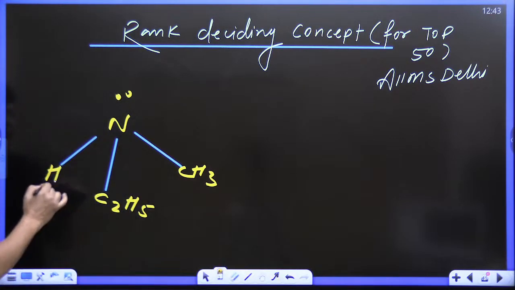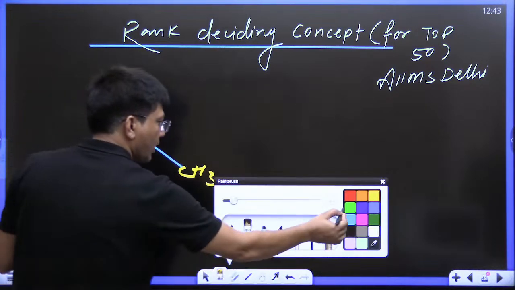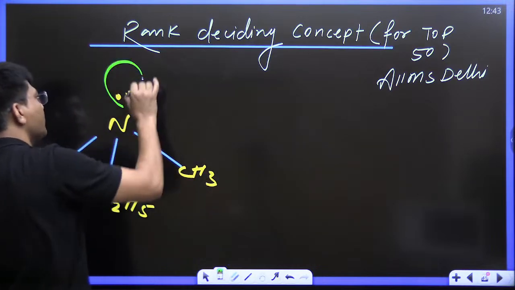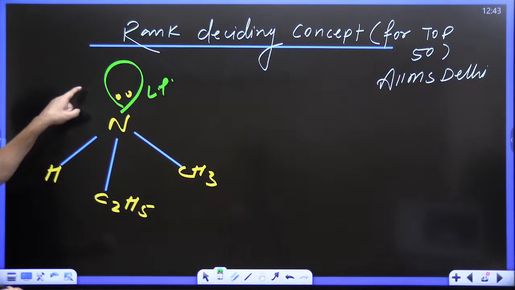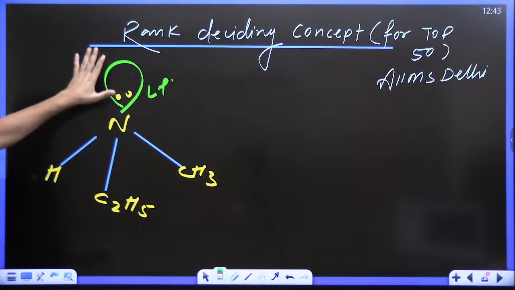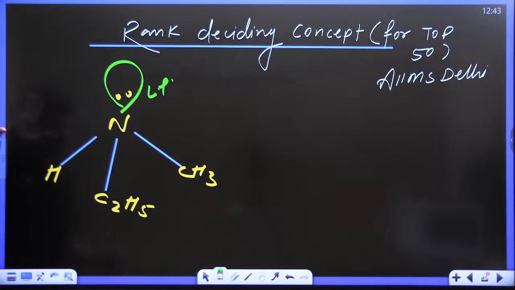Now just try to find out, all four groups are different. This is one lone pair, treated as a group according to the CIP rule, 1, 2, 3. So all four groups are different.